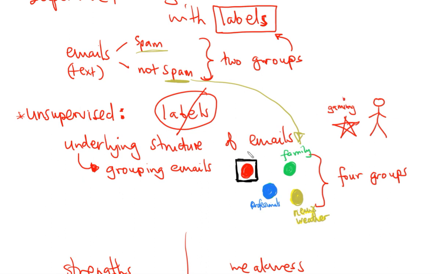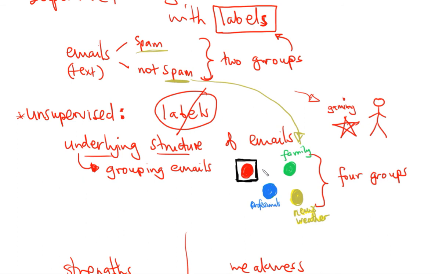It will trigger a human, and the human can then come in and label this group of emails as gaming emails. And now when another gaming email comes in, because there's an additional group that unsupervised has learned the underlying structure of, it will start grouping those emails into this gaming group. So that is another power of unsupervised learning.